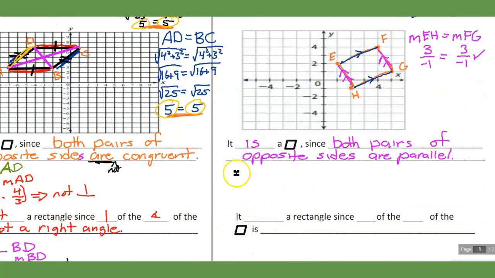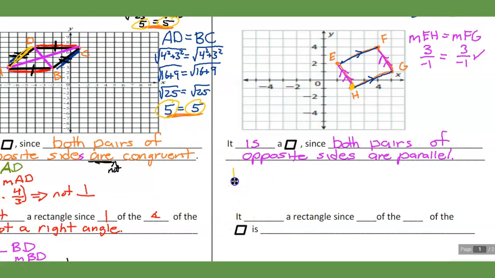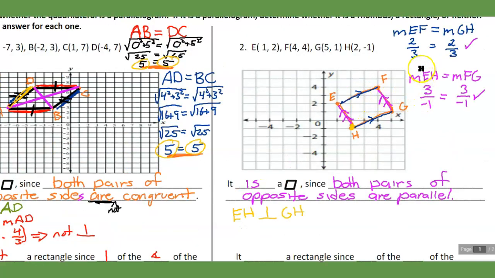So we just need to show, pick any one angle, I'm gonna pick H here, and show is EH perpendicular to GH, right? So my question is this, EH perpendicular to GH, yes or no? Then we find the slope of EH, which we kind of already did over here.